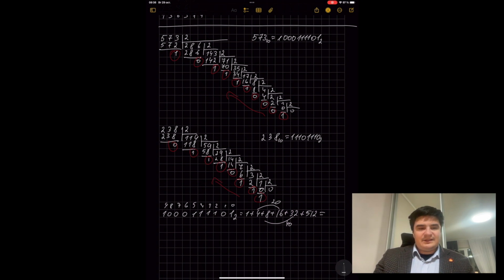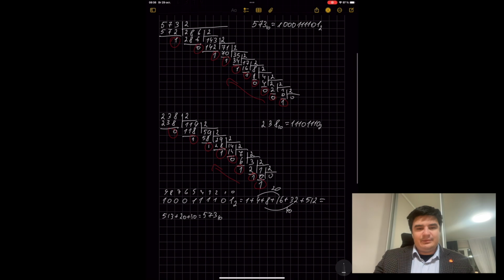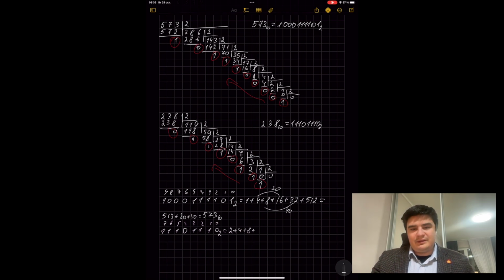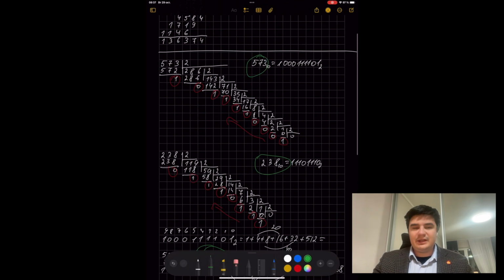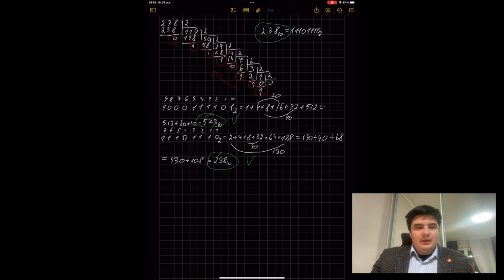Let's quickly verify that these conversions are correct, as multiplication is a far more labor-intensive process than addition or subtraction, and we would rather avoid redoing it multiple times. After confirming that our binary conversions are accurate, we'll write both numbers one below the other, placing the larger on top and aligning the corresponding digits by place value.